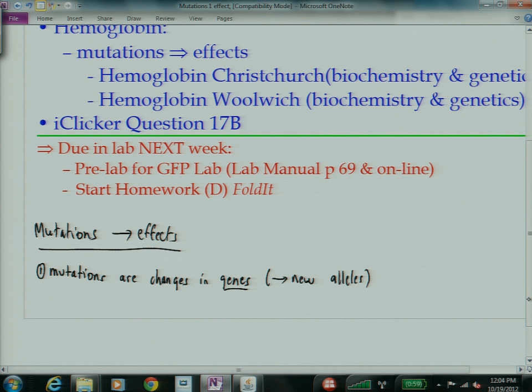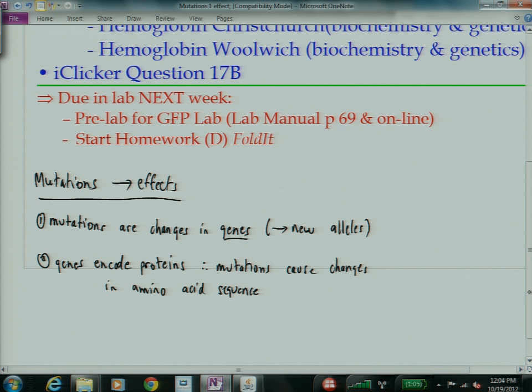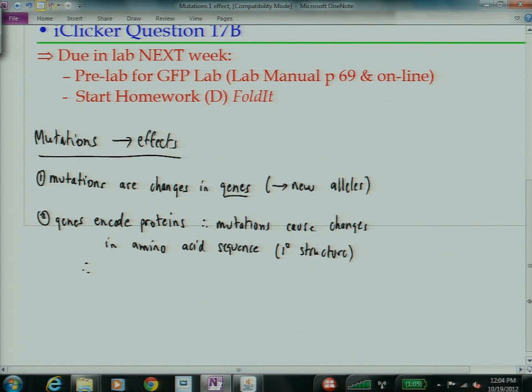To be really clear, that would also be called the primary structure. Okay. Therefore, the proteins are made wrong. That is, a wrong amino acid at a particular place.